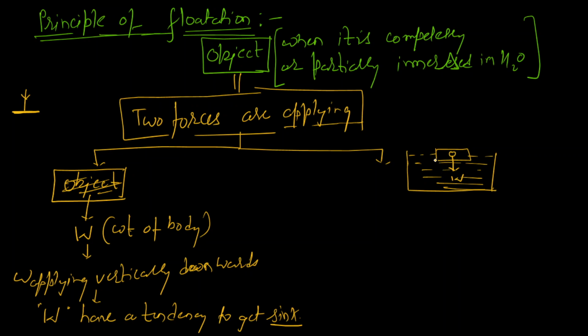And whatever water is displaced, for example, this one, this is your boundary connected with the water surface filled in the water. But you can see this particular area of water is displaced. So whenever any object is dropped on the water surface, some area of the respective water is displaced.